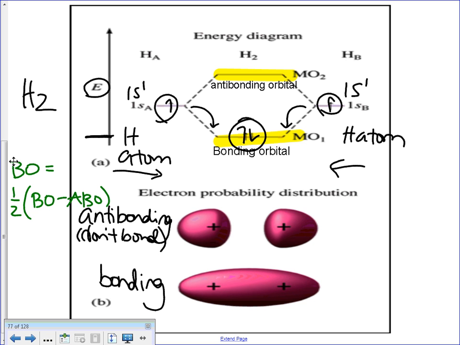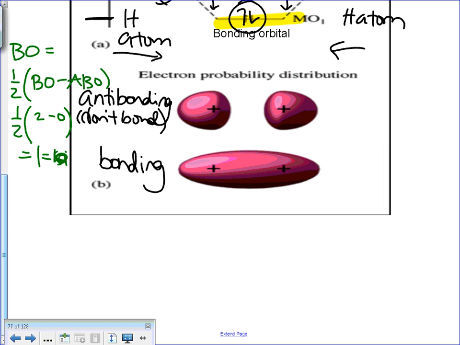So if you count them, bond order is equal to half of 2 electrons minus 0 electrons. So half of 2 minus 0 is 1. And you'll see that this exists as a single bond, a single bonding situation. And that, in fact, is what we see between hydrogen and hydrogen in a diatomic species.